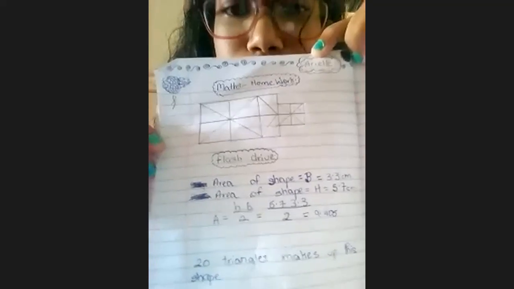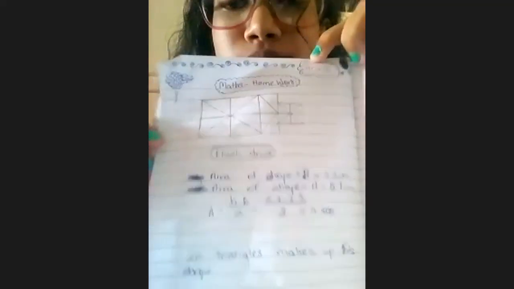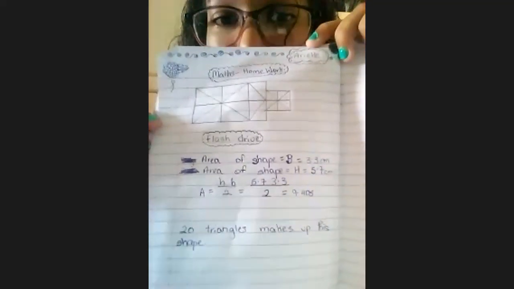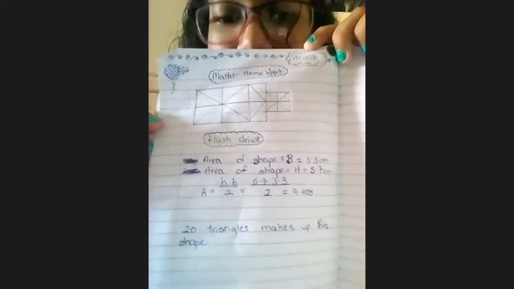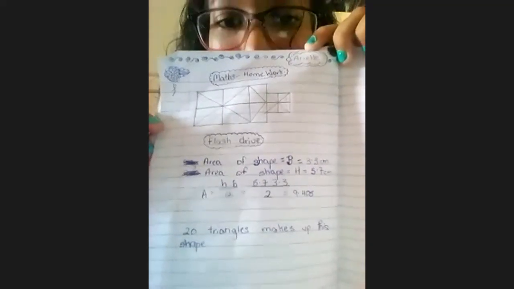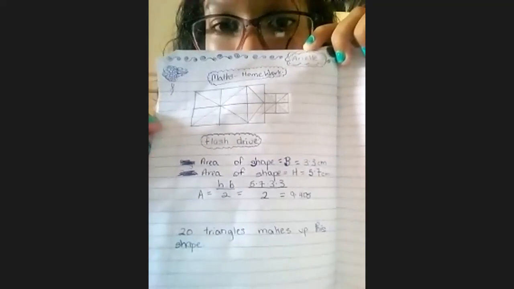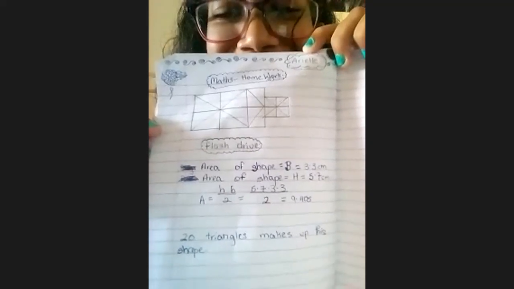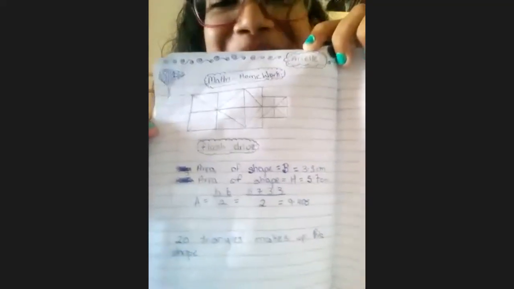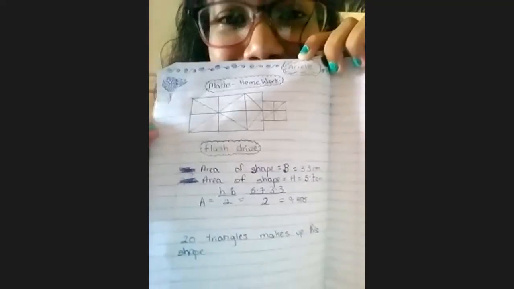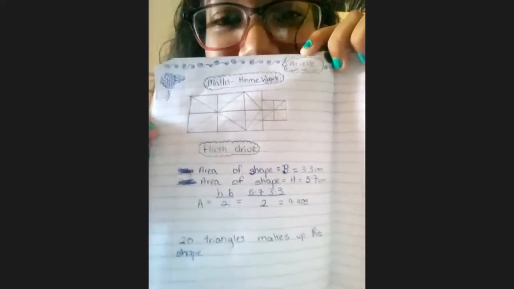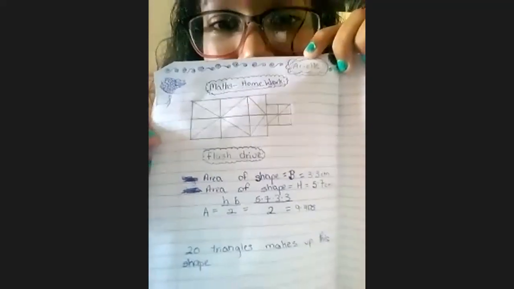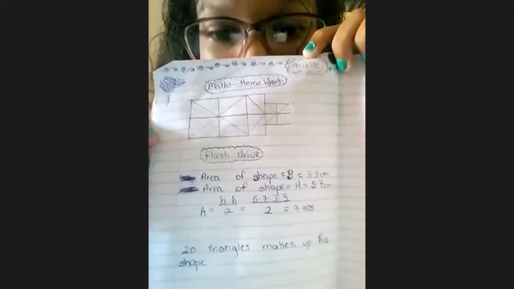Okay, so we had this triangle. And this is the area of the little triangle you had. So let's say this is your flash drive. I like how you drew your flash drive with the little triangles in it. Thank you, sir. So, as it is right now, we can't really tell much about the flash drive just from the way we drew it, and the measurements aren't exactly clear.